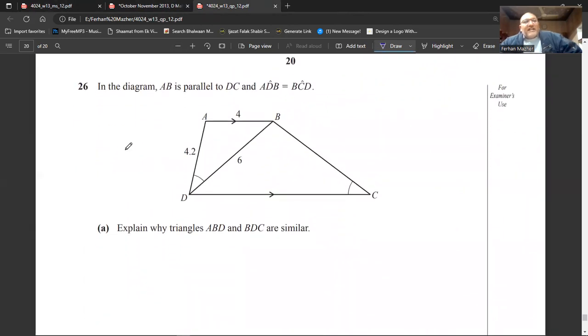Here we have in the diagram that AB is parallel to DC, and angle ADB equals angle BCD. We have to show that triangle ABD and triangle BDC are similar. It is very simple. This angle and this angle are equal because it is given.